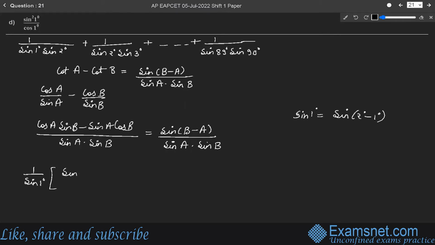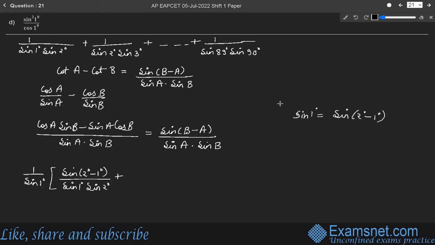So sin 1 degree can be written here as sin(2 degree minus 1 degree) divided by sin 1 degree into sin 2 degree. Plus the next term, where the denominator is sin 2 degree into sin 3 degree.